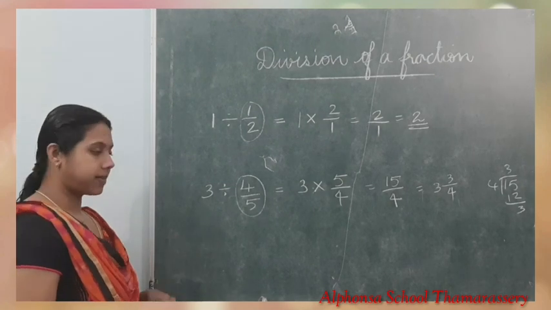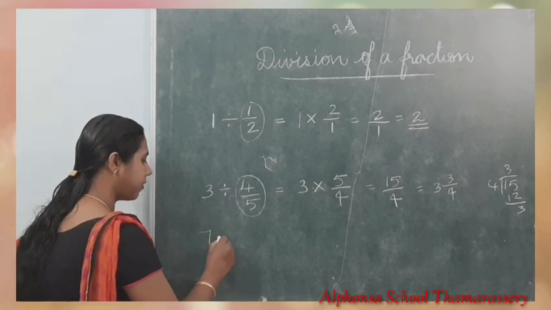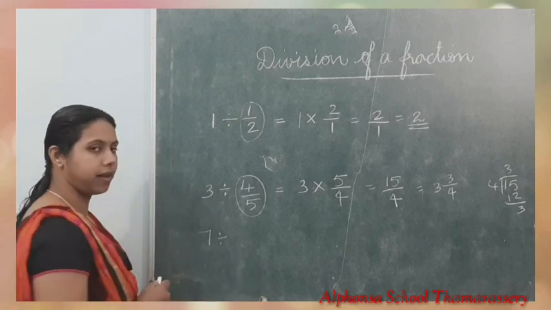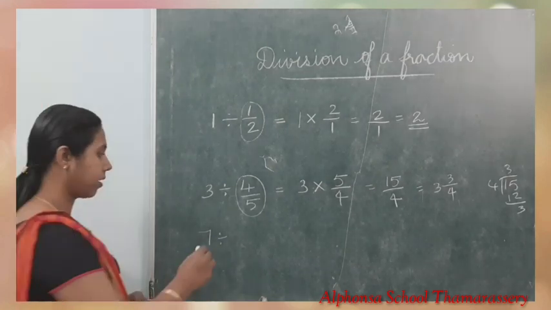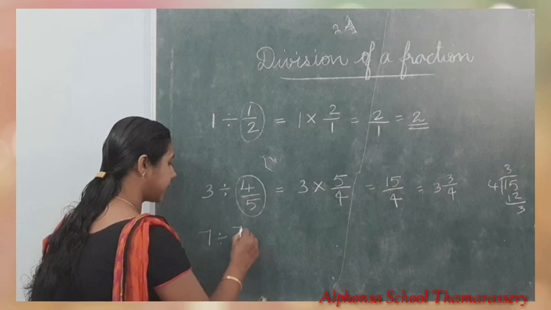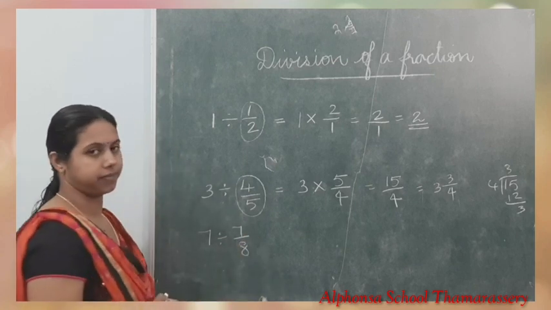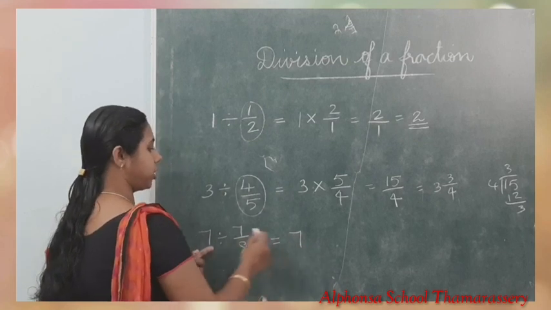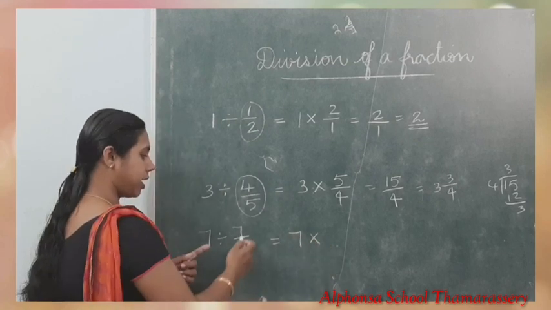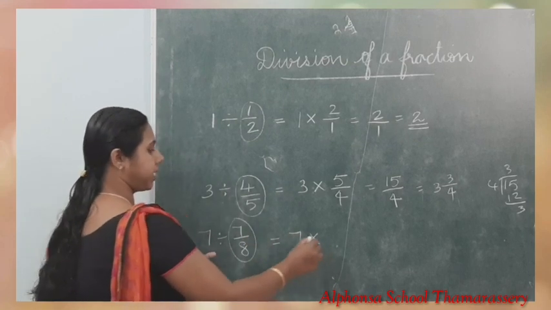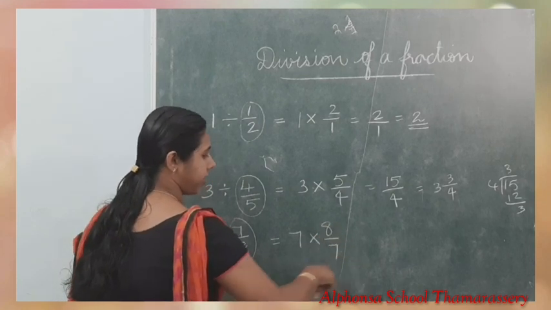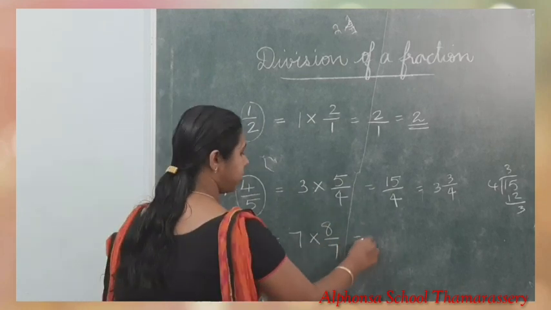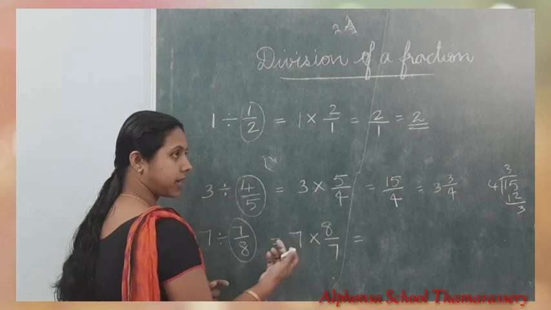Let's check another example. 7 divided by 7 by 8. Division changes to multiplication. Reciprocal of the second fraction, that is 8 by 7. So 7 into 8 by 7, you can use the cutting method.